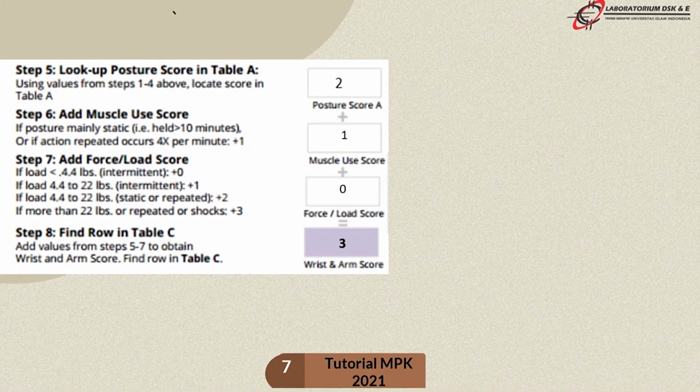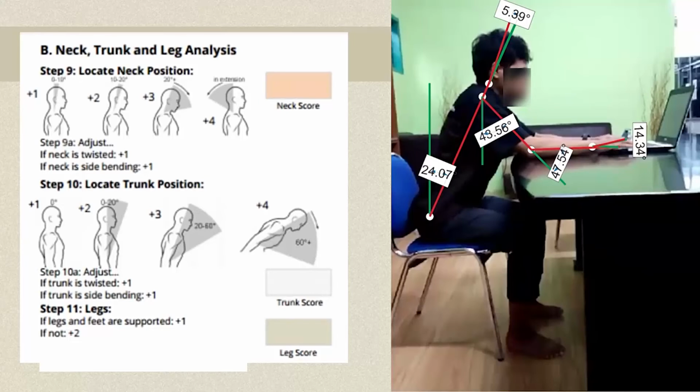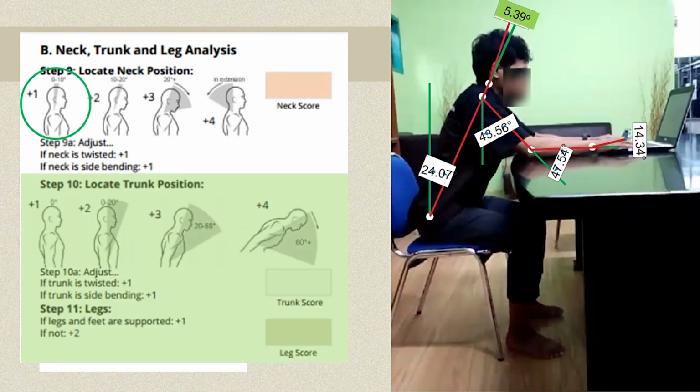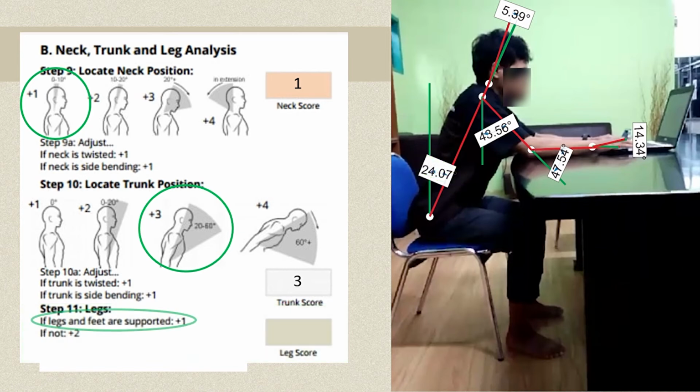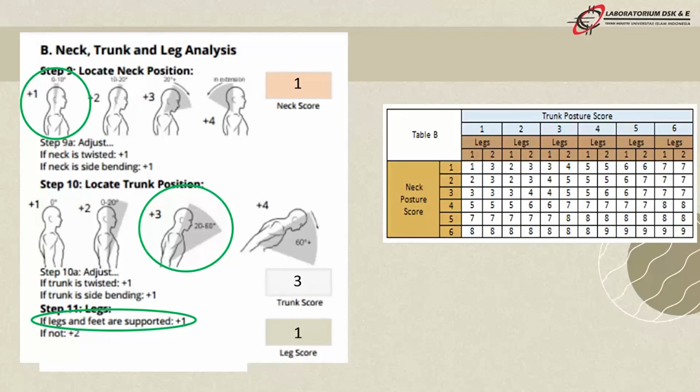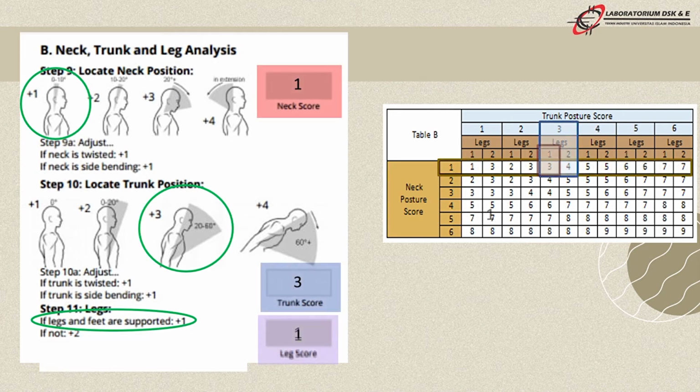After calculating the posture A score, the calculation of the score of B will be performed, where in posture B we will calculate the body part score of the angle on the neck, the angle on the back, and the position of both legs. After getting a score from all segments of the body in posture B, the calculation of the total score of posture B will be done using the table.